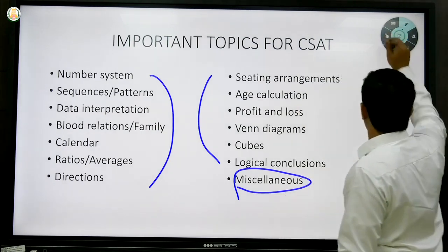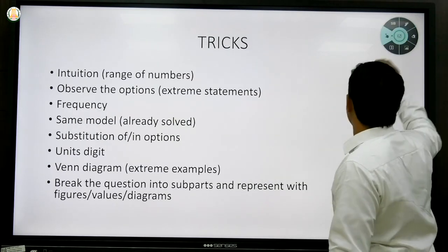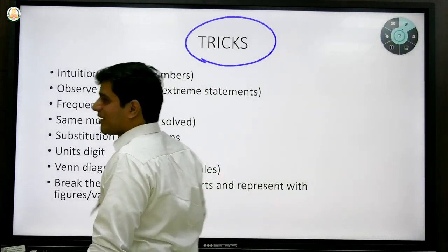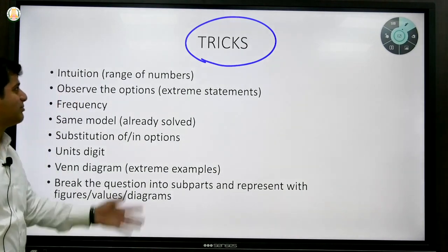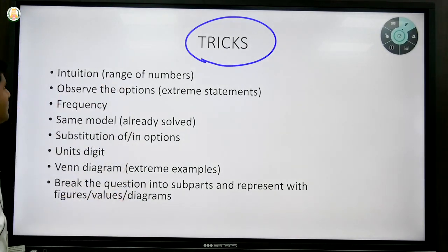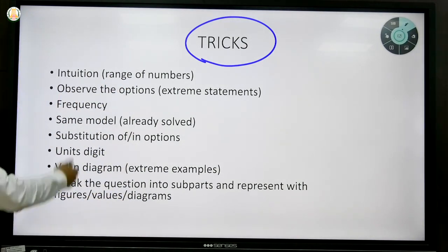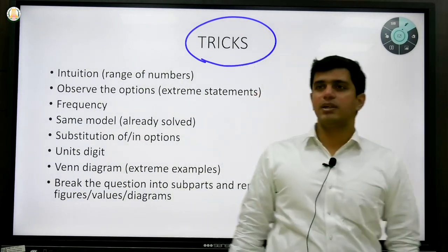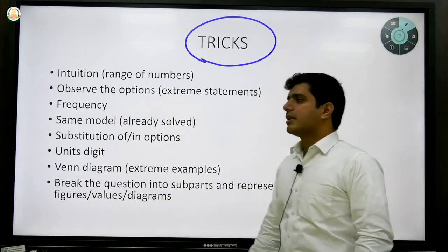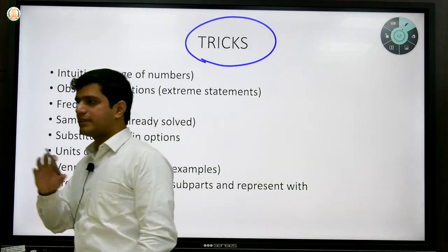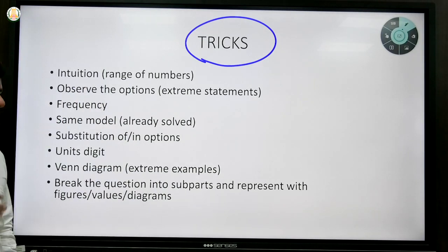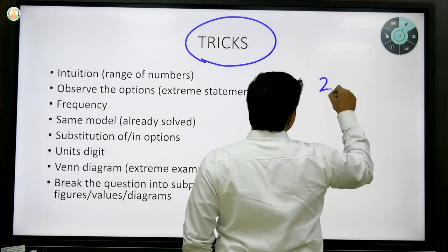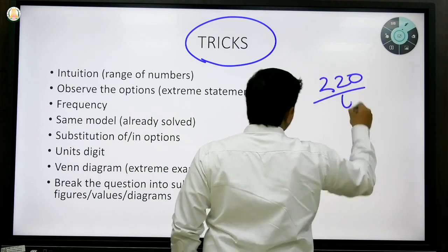Okay. Some of the tricks, though I wrote them as tricks, are not tricks as such, but might be useful in the exam to eliminate options. One is intuition. I told you in CSAT 21 also, when I was solving the paper, that for some questions, if you understand the intuition, you will get around them. Let's say in numbers, if it is somewhat like 220 by 4.